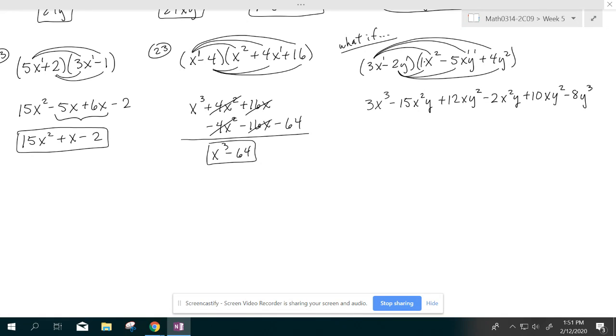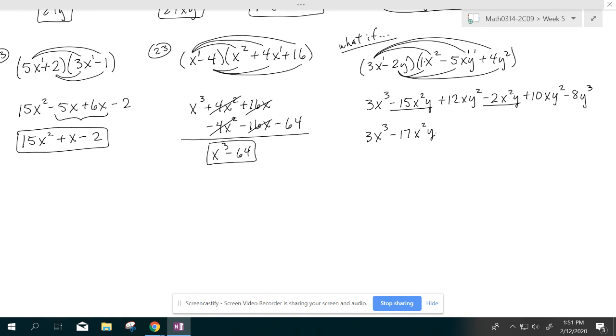And now I got to go through and add any like terms. 3x to the third. Nobody else like him. What about x squared y? Oh, there's one like it. Negative 17 x squared y. Because when you add like terms, the variables are unaffected.